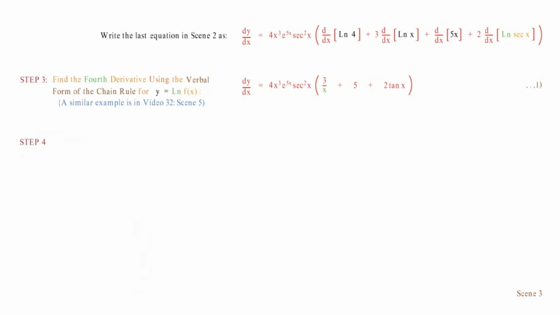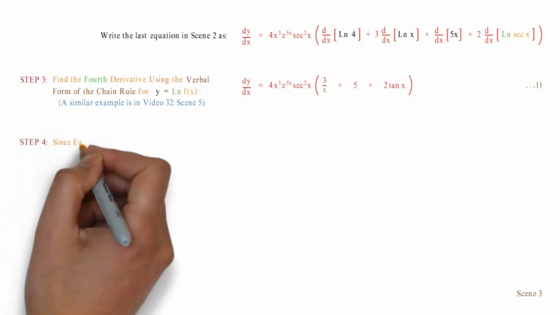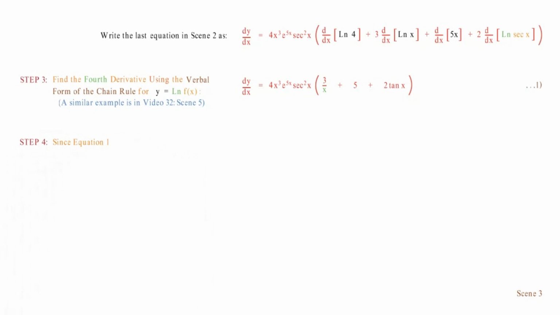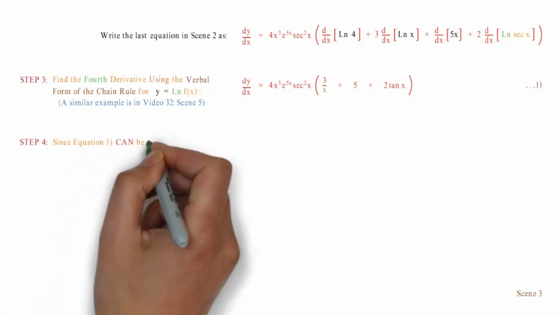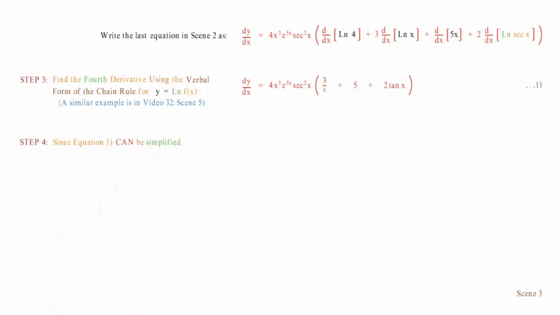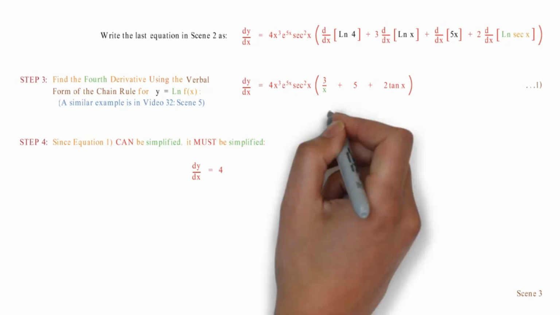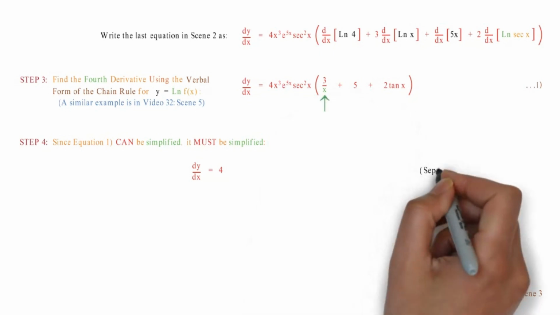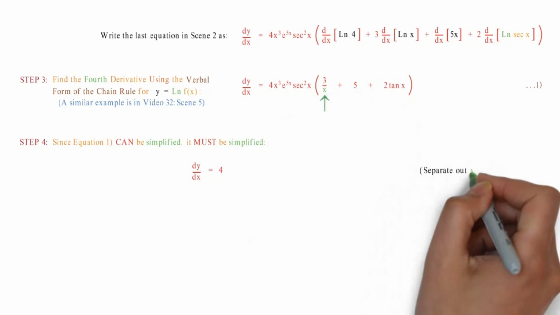Step 4. Since equation 1 can be simplified, it must be simplified. Bring down. Since the denominator is x, separate out x.